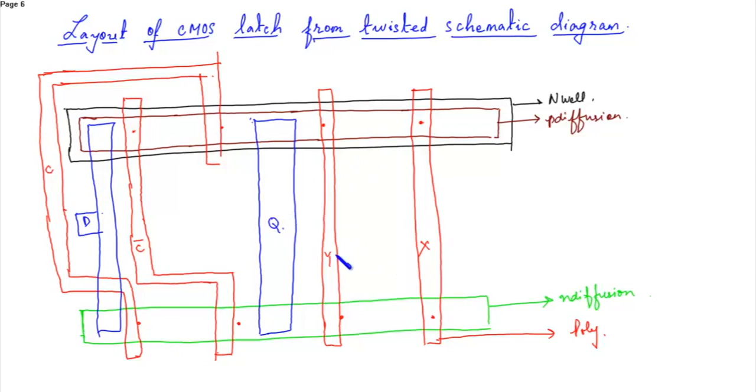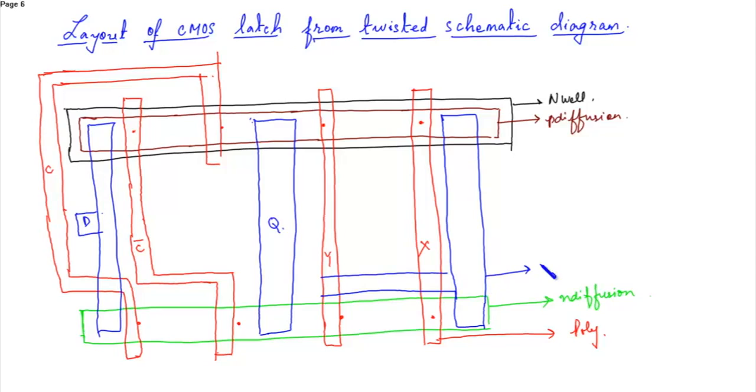This is Q, this is Y, the output, or this is the output of Y, and here we'll get the output of X. The output of X inverter, that is X bar, is nothing but Y. So connect from here to here.